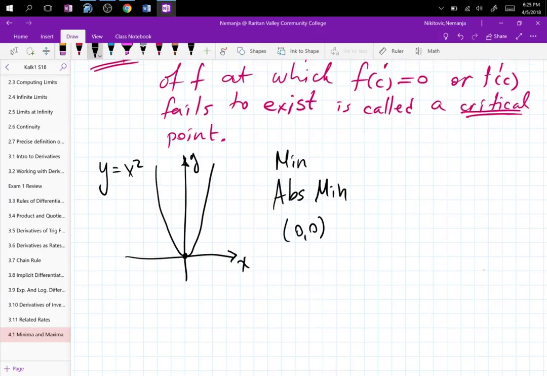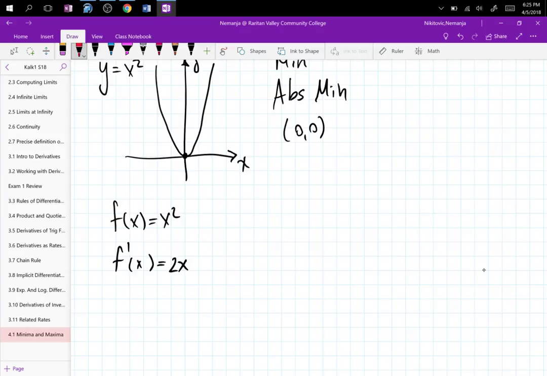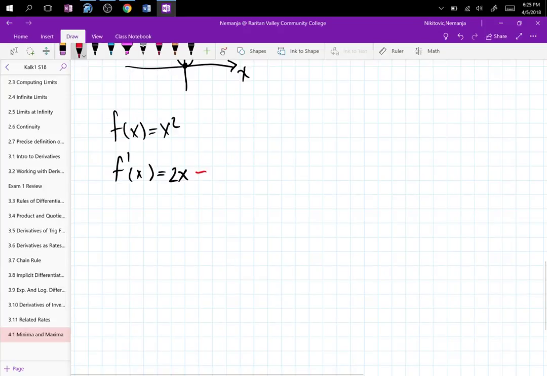Now let's compute. If I have that f of x is equal to x squared, f prime of x is 2x. And now I am going to set that equal to 0. So this is what I do. I set f prime of x equal to 0 because I want to force the values where derivative is 0, because that's where the tangent line is horizontal.